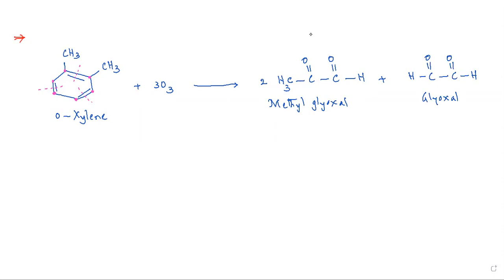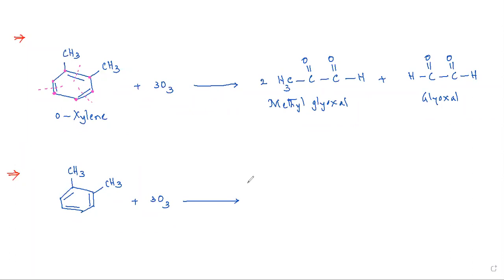Now let us consider the other resonance structure of the same orthoxylene. Let's see what we get. Now look at the positioning of pi bonds. Do we get the same products?